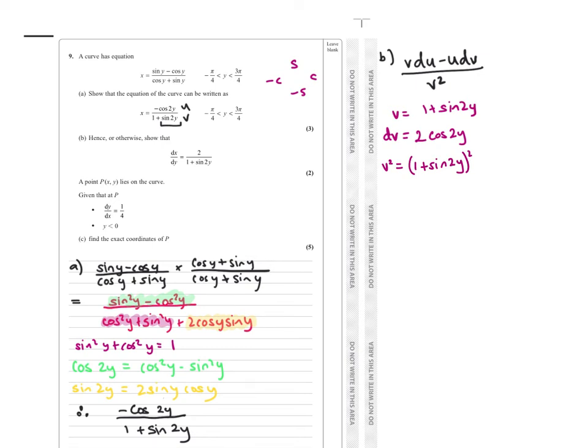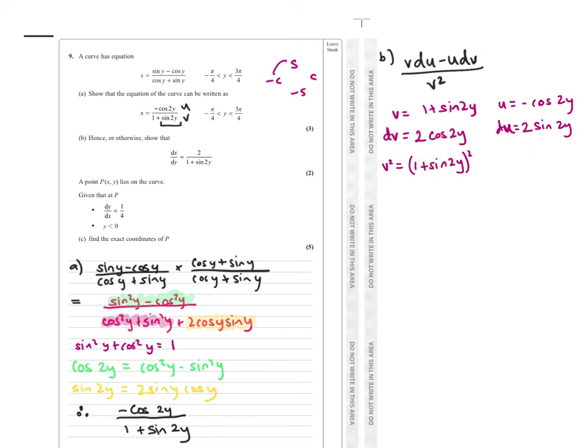Then we have u. Our u is minus cos of 2y. If I differentiate u, I'm going to get sine of 2y, multiplied by the differential of 2y, which is 2. So v du is 2 lots of sine 2y multiplied by 1 plus sine 2y.